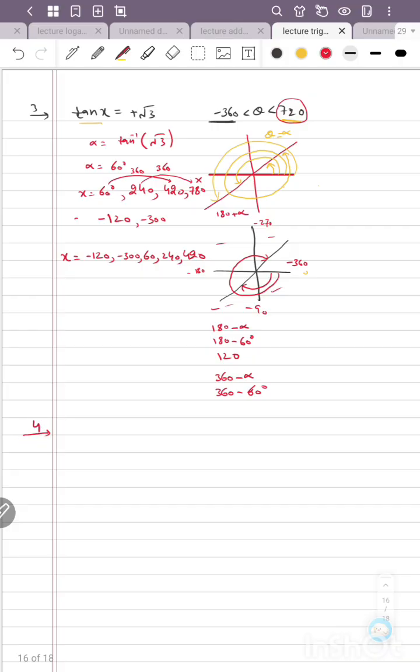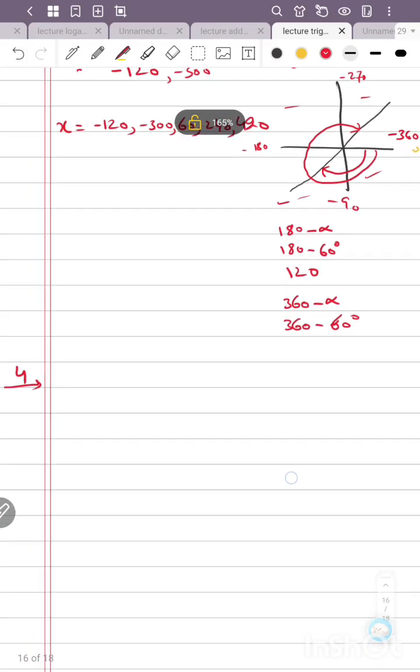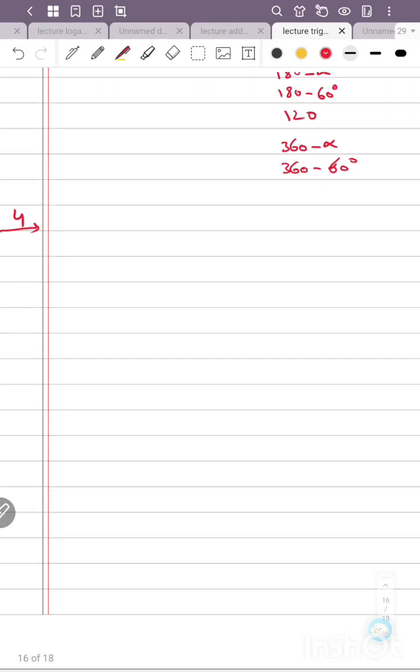Okay, now we have to move to our fourth question. What is the fourth question? We write cos 2x equal to 1 by 2, with the interval 0 less than x less than 360.